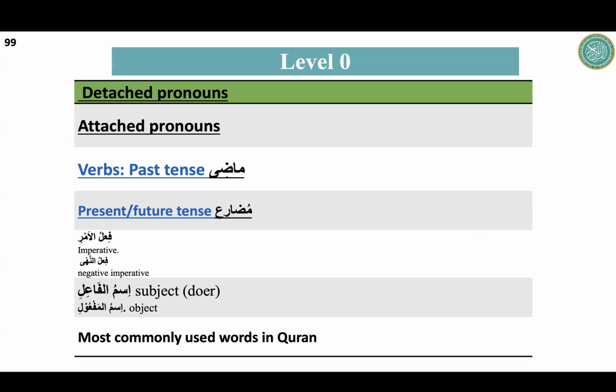Normally such slides would be on the first day, but due to these terminologies we did not show them up there. So now when we say detached pronoun, we are very clear what detached pronouns are and what the uses are, attached pronouns, past tense, present, imperative, negative imperative, doer, object, masdar, verbal noun, and the most commonly used words in the Quran. Over to you, Doctor.